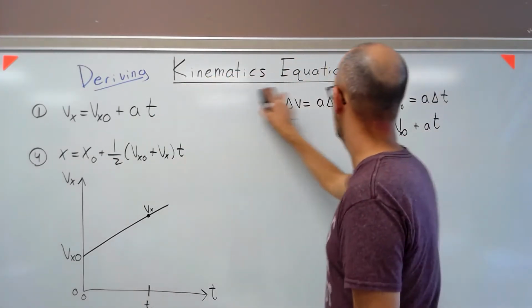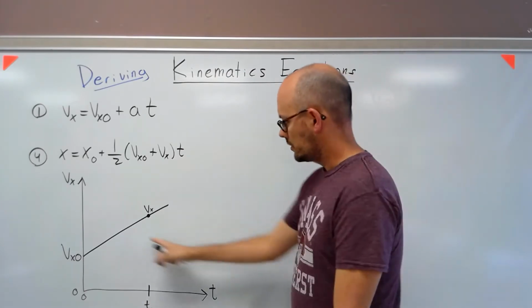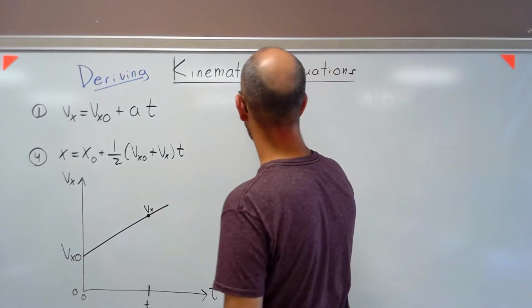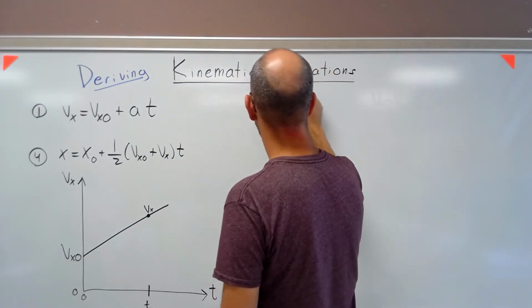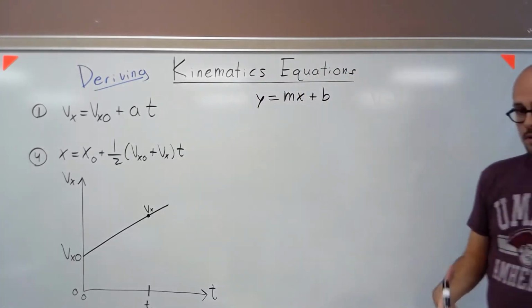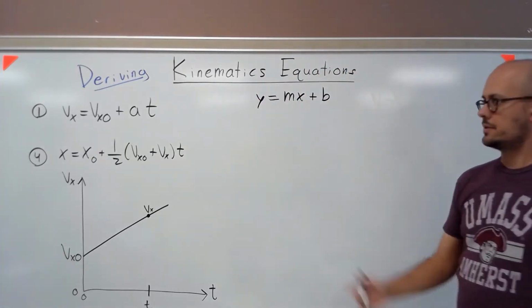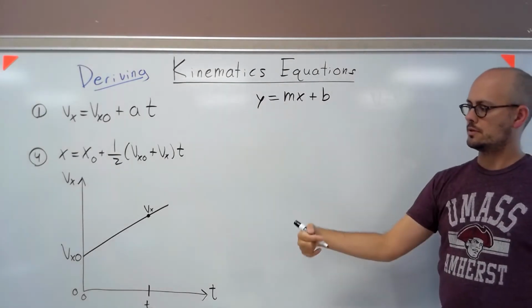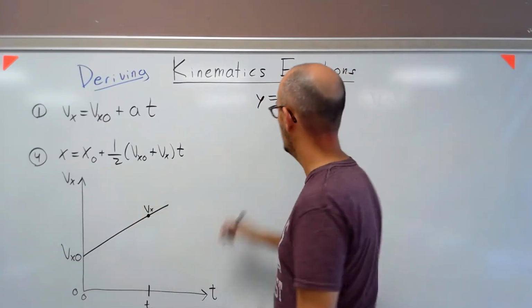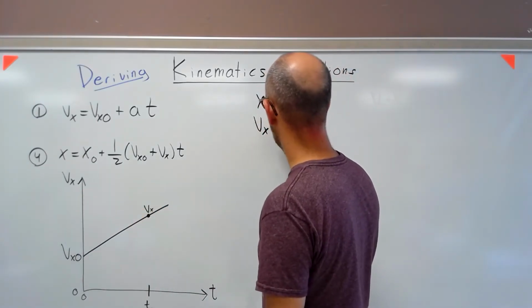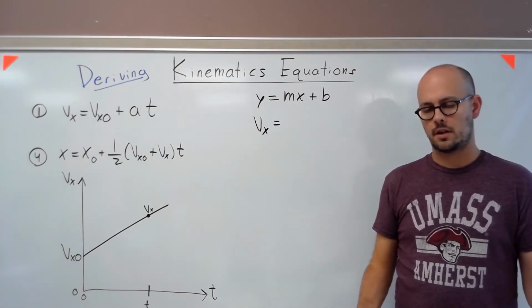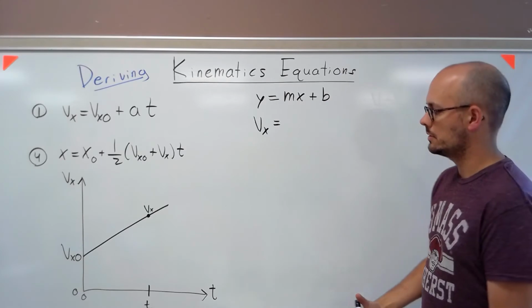The other way that I like a little bit more is to just look at the line and what we know about physics already. This is a straight line, so it has the format y equals mx plus b. One of the things I'm going to ask you to do a lot during the year is replace variables that you know from algebra with physics variables. If I take a look at this graph, the y-axis is the x velocity, so I can replace the y with vx. The slope is the one physics concept you need to bring to this problem to understand it.